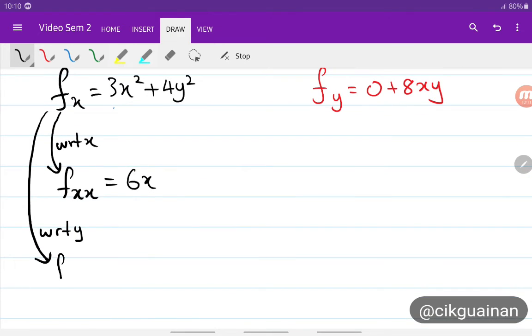So with respect to y, this one is 0, and this one is 8y.